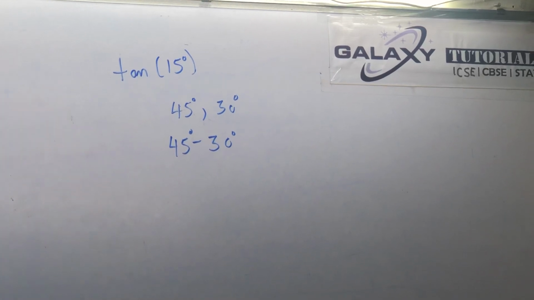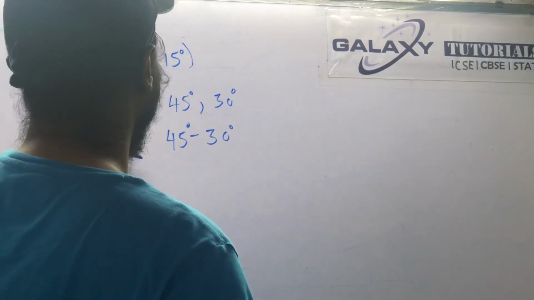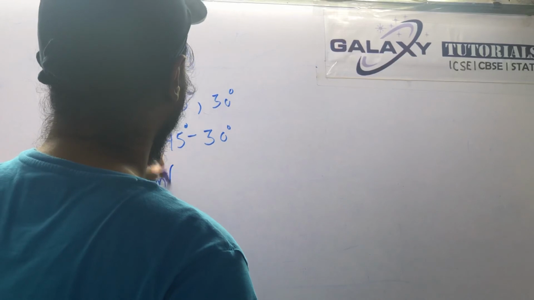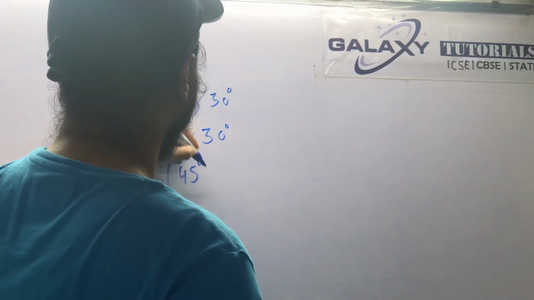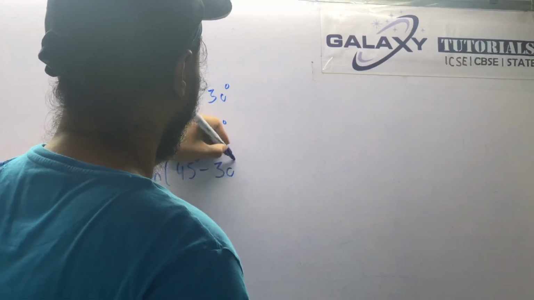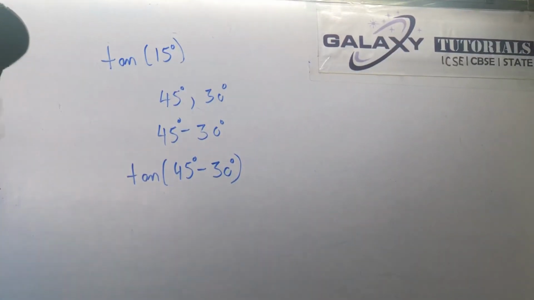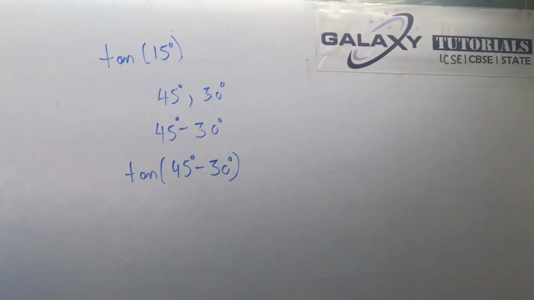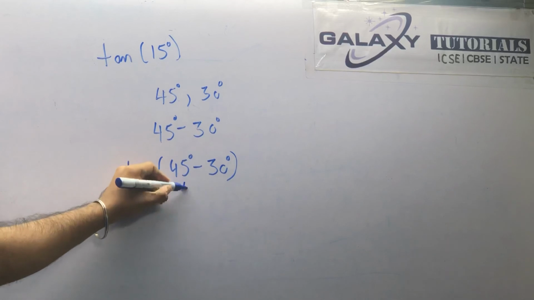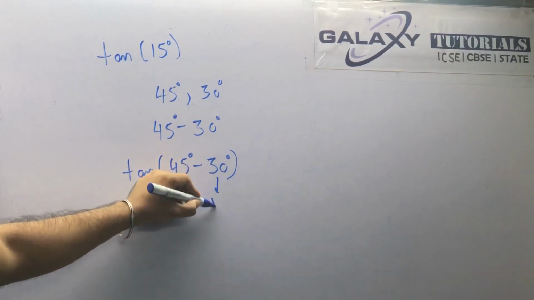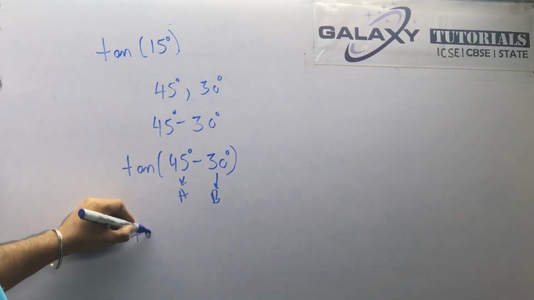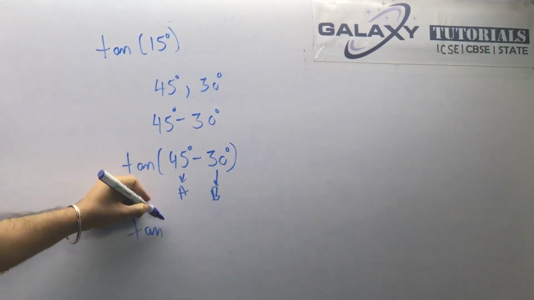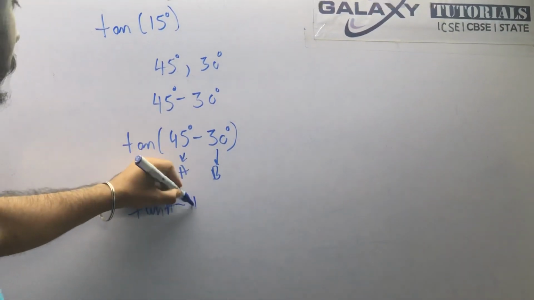So just write it like this. Is it clear? Yes. This is A, this is B. So tan(A−B) is how much? We just did the formula.